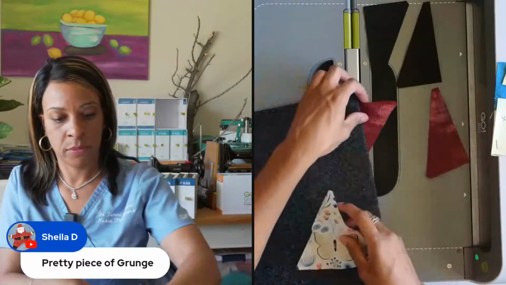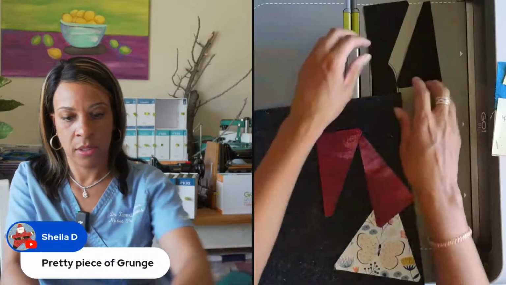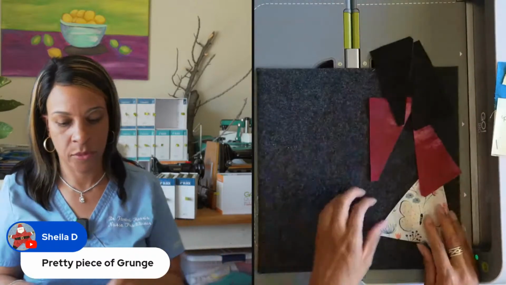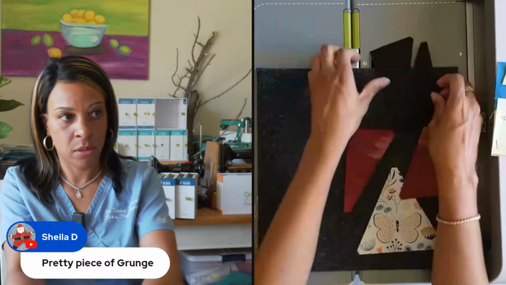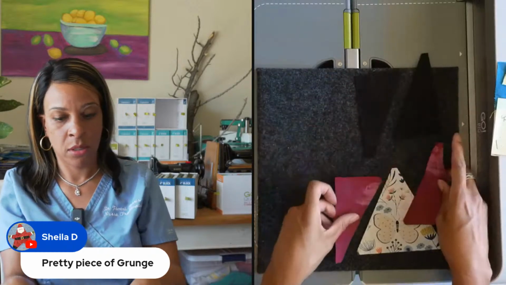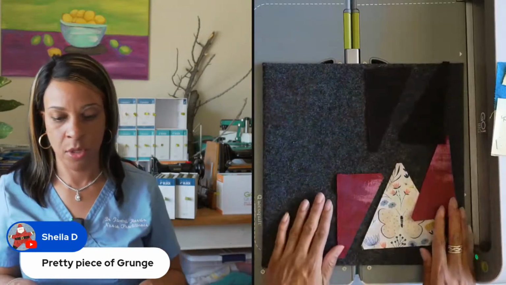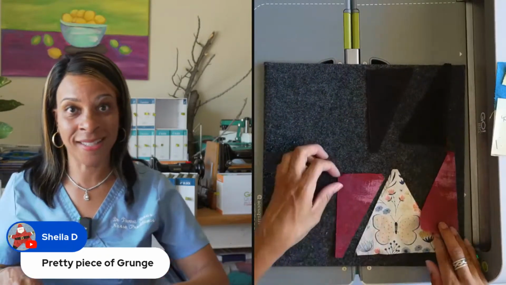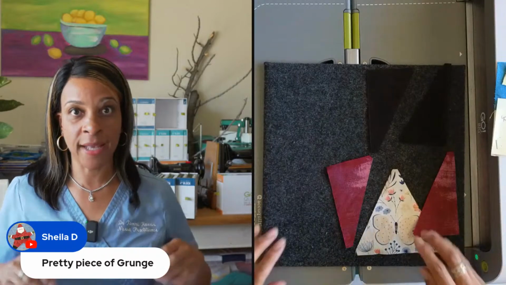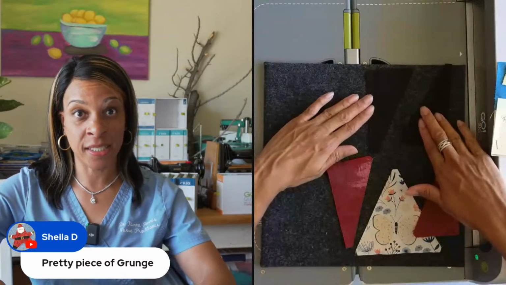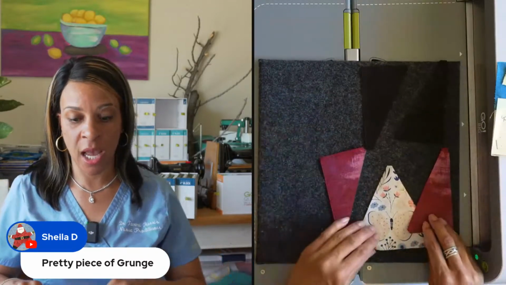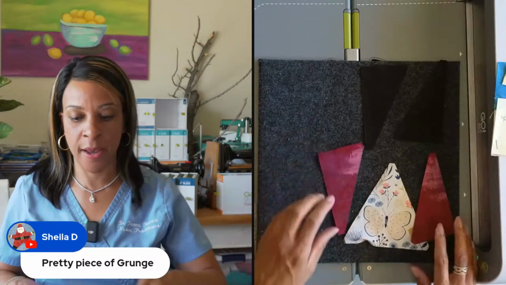Hang on, this is better. So remember, the black side was right side down, and the burgundy side was right side up.